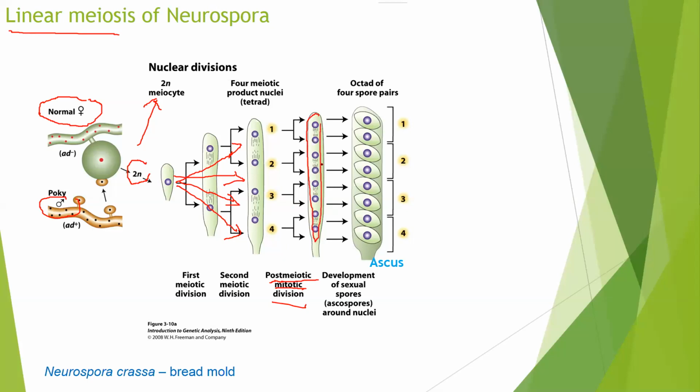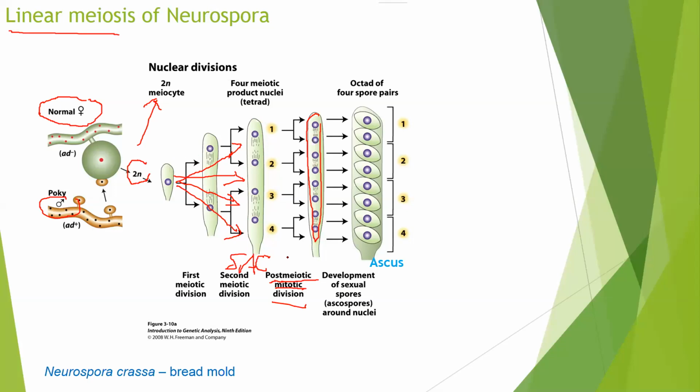But the unique thing, and why we use this as an ideal model to study genetics, is that those resultant individual spores cannot move around freely. They are actually held within a linear sac. So this is the beauty. They cannot move freely, not like the animals.